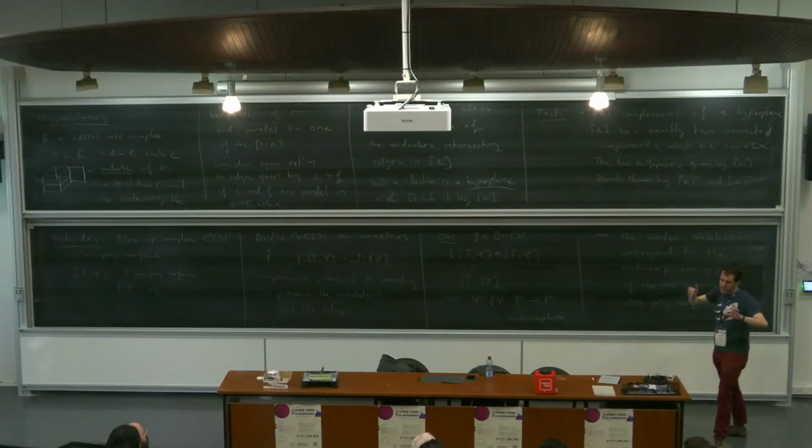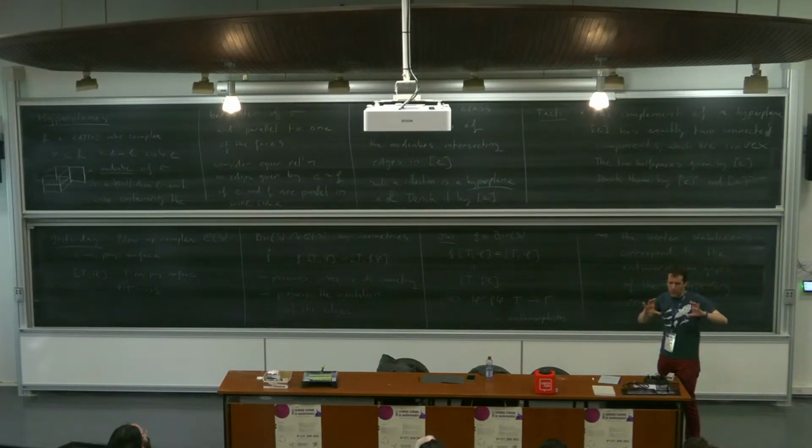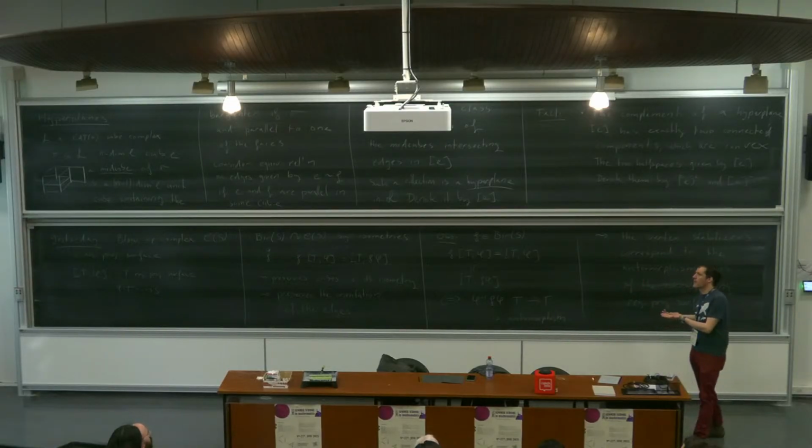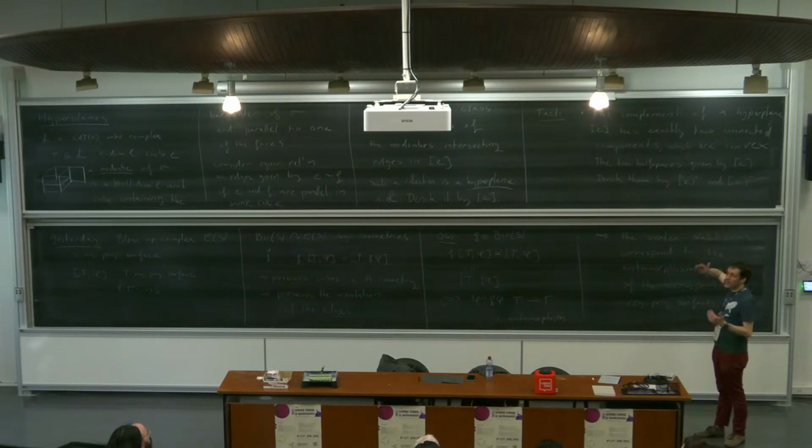So basically, once we fix an orientation on our graph, so each edge has an orientation, choosing an orientation corresponds to specifying which one is plus and which one is minus. Exactly, that was the condition on orientation.